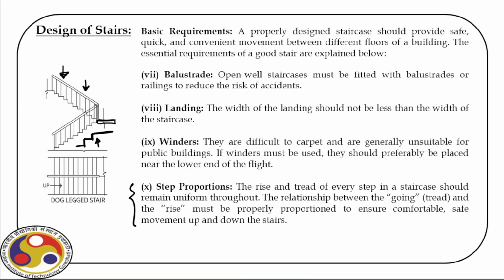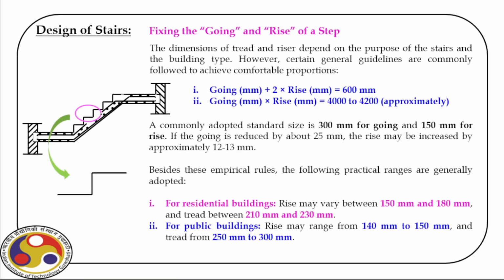And for a particular tread and rise, there are also some standard guidelines that we should follow. What are they? They are here. As you can see, this is what we call the tread or going, and this is the rise.